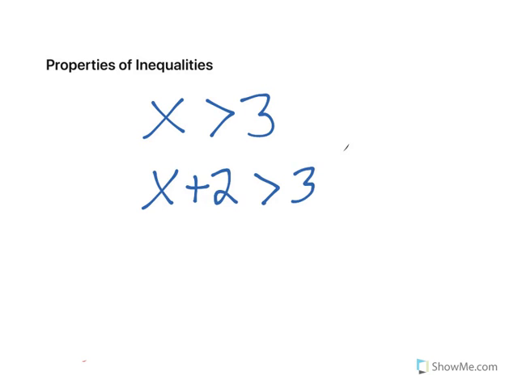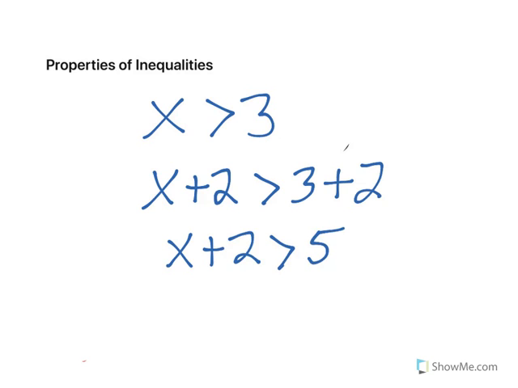So let's just take this. x is greater than 3. If I add 2 to the left side, so x plus 2, I have to add 2 to the right side. So x plus 2 is greater than 5.